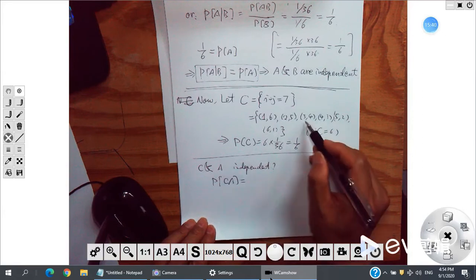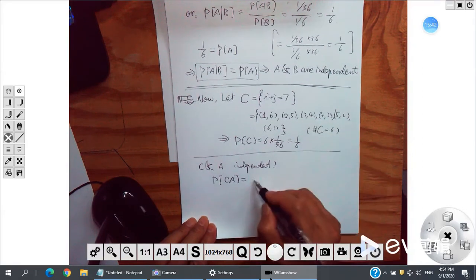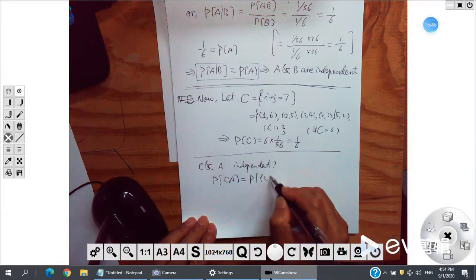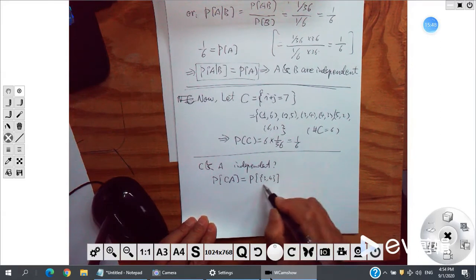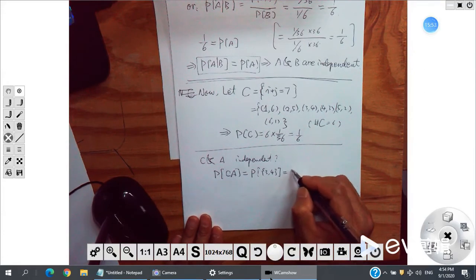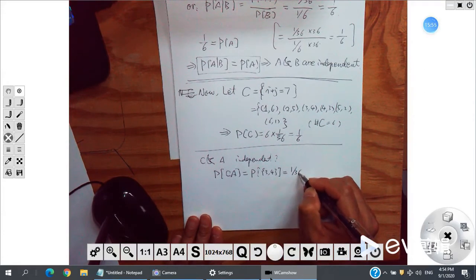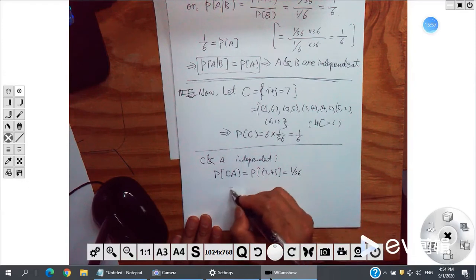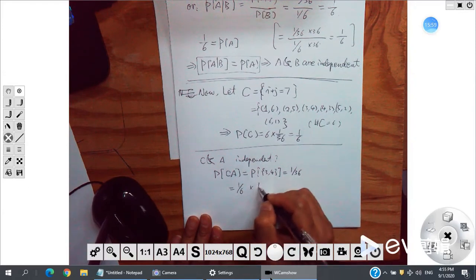We already have 3 and 4. This is the intersection of C and A. Only one element, so the probability is 1 over 36. And we know this equals 1/6 times 1/6.